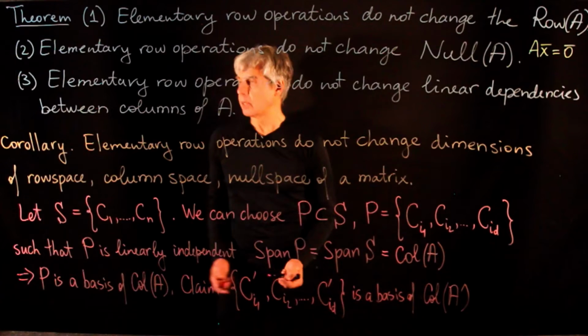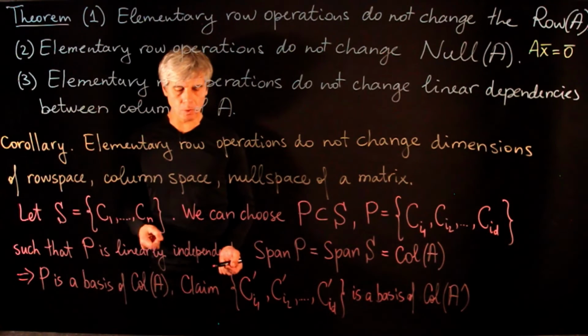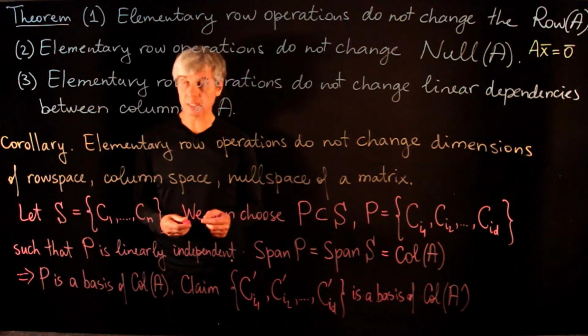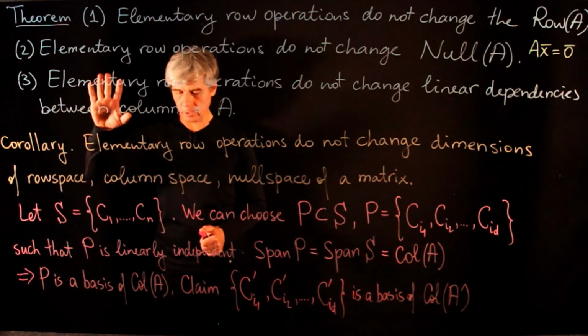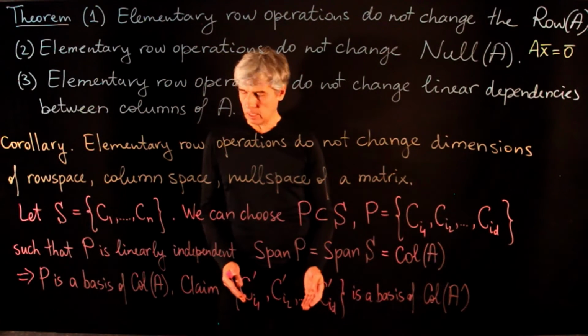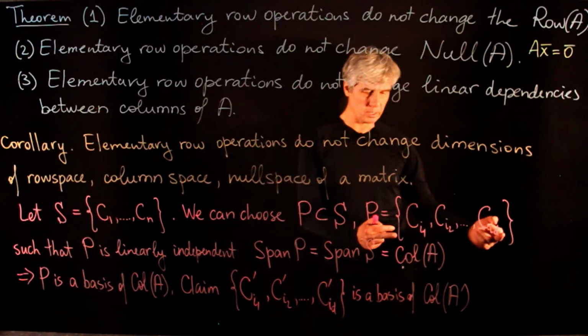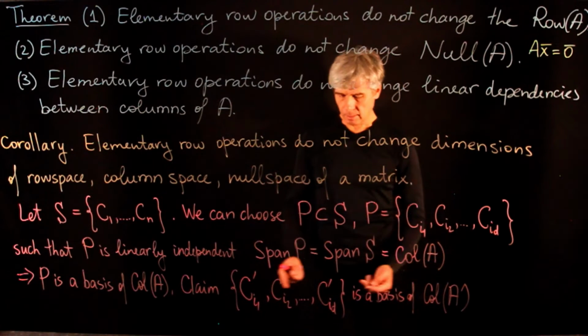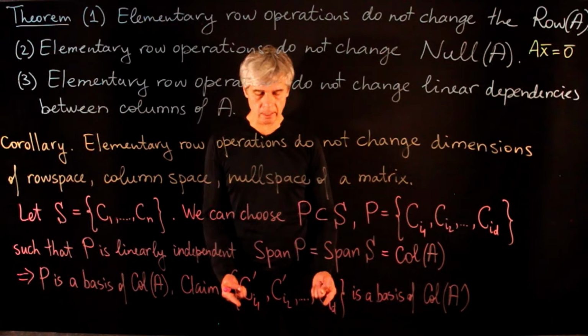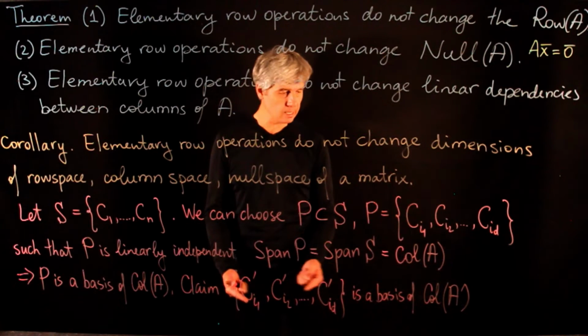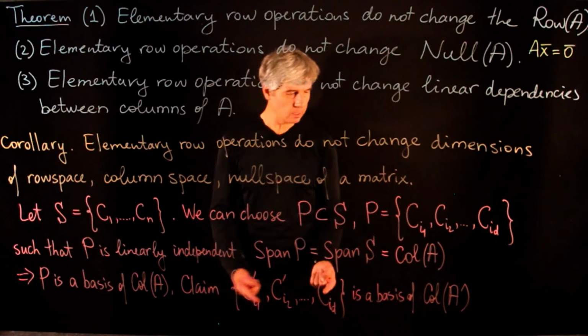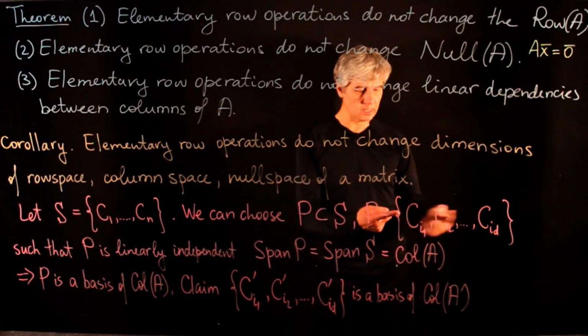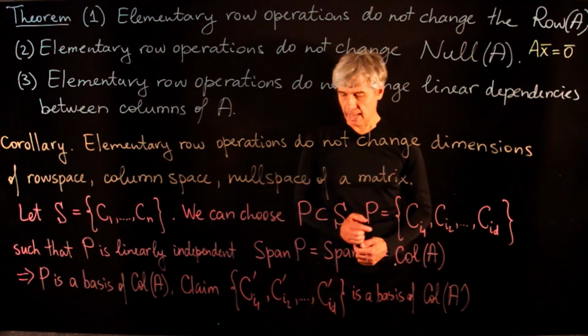Indeed, in this theorem we saw that linear dependencies between columns are preserved. So this means that if this set of columns is linearly independent, then this set of columns is also linearly independent, because any linear dependency here will become a linear dependency between these columns.